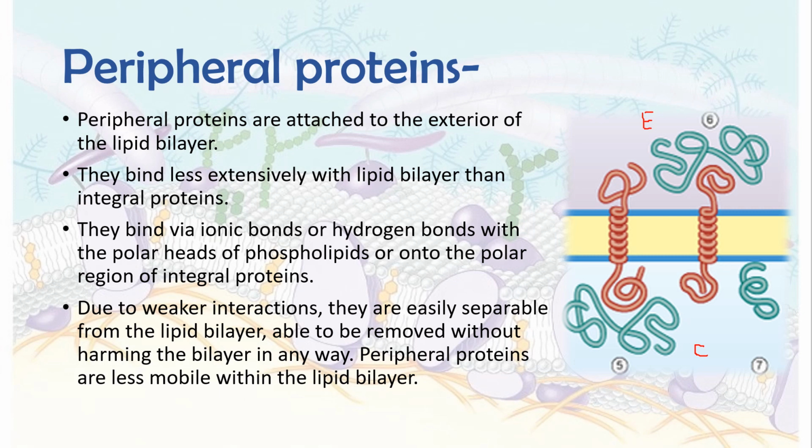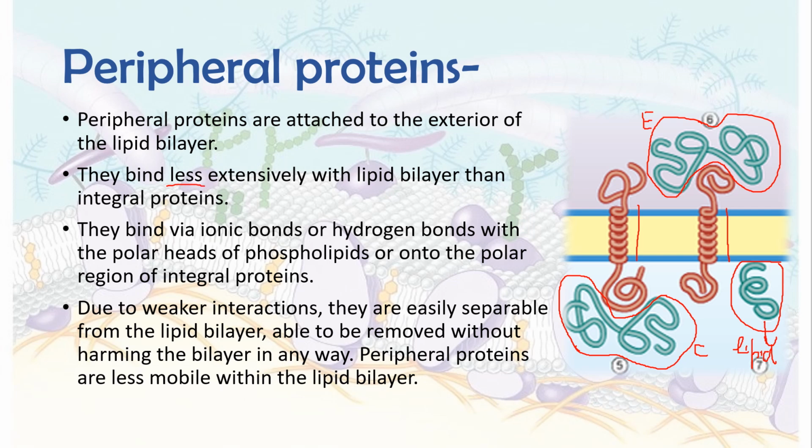There are some proteins known as integral proteins, and you can see in green, these are known as peripheral proteins. They can attach to the lipid bilayer, like this protein, which is peripheral and attached to the lipid bilayer, and these two proteins are attached to the integral proteins.